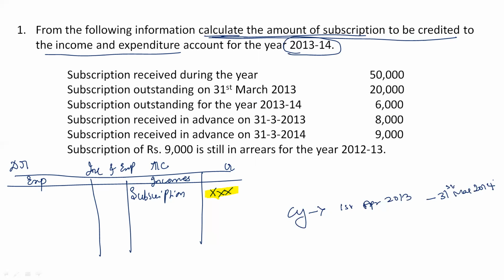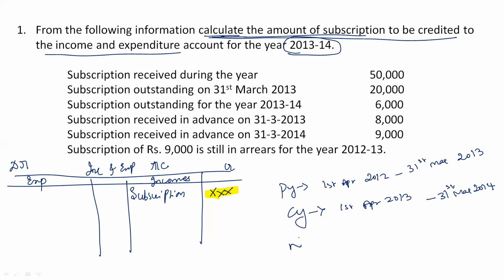So this thing should be very clear with everyone. What is our current year, what is our previous year, and what is our next year. Previous year will be starting from 1st of April 2012 and will end at 31st March 2013.